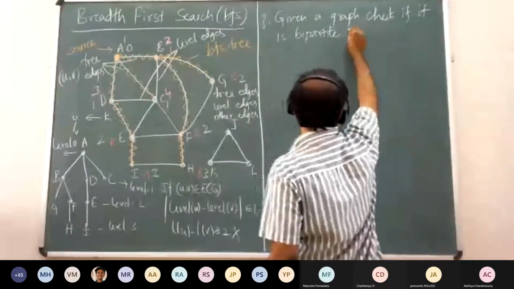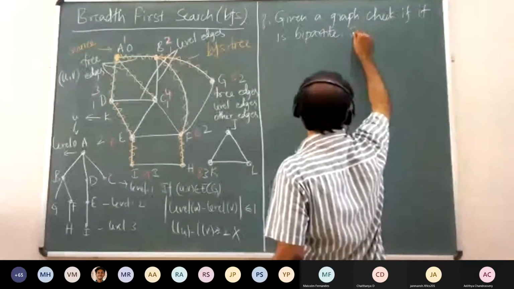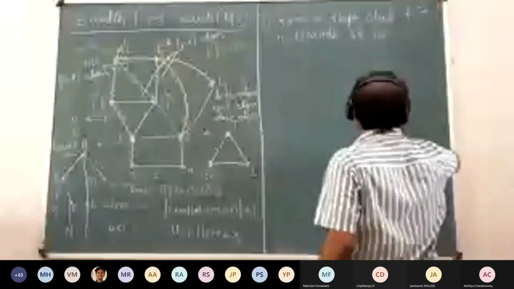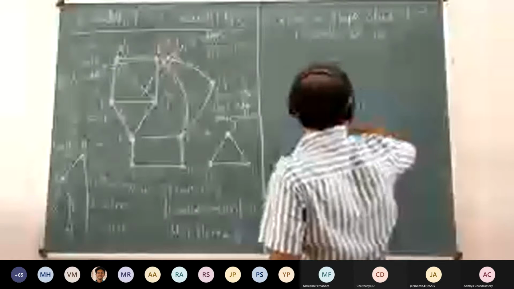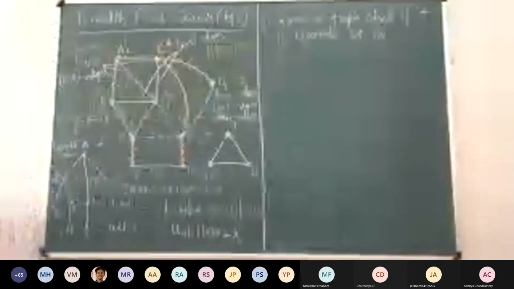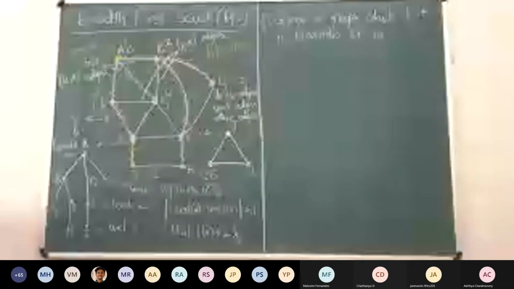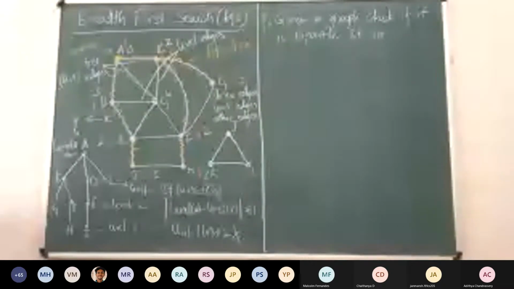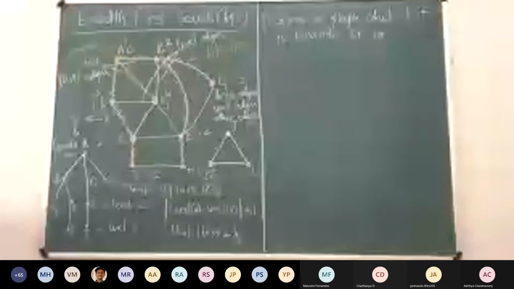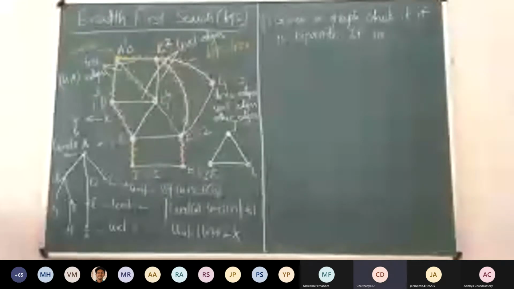If the graph is not bipartite, then what do we know? Is there a characterization for bipartite graphs? Odd cycle.